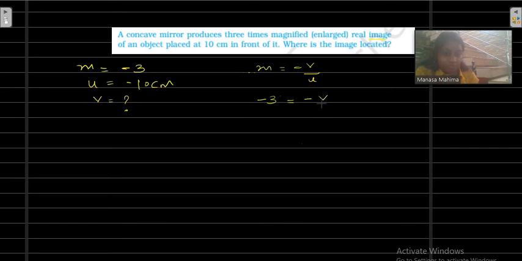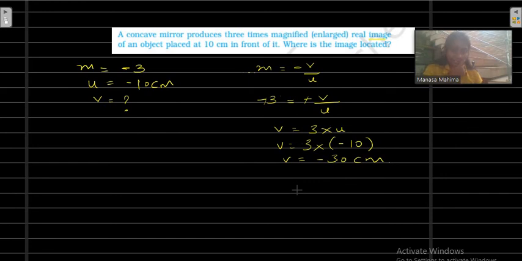Minus of v divided by u, correct? Since we don't know the value of v, we need to solve for, okay, this minus get cancelled, so v is equal to 3 into u, correct? So v is equal to 3 into, what is the value of u here, is minus 10, so v is equal to minus 30 centimeter. This is how you can determine the value of v from the magnification formula.